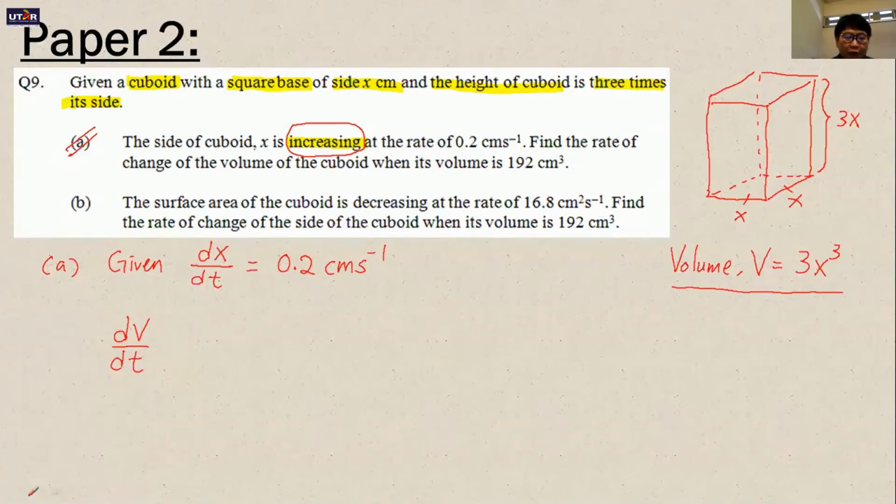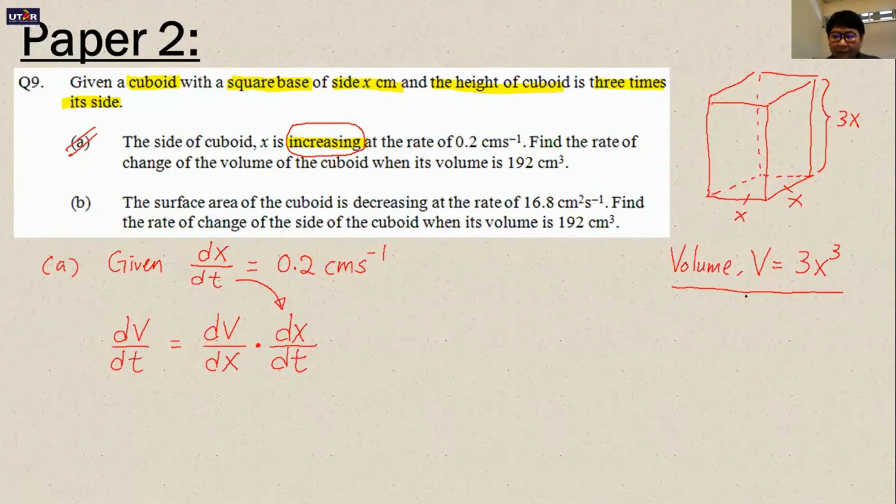So what is the relationship between t and v? We can use the chain rule. According to the chain rule, dv over dt is equal to dv over dx times dx over dt. So dx over dt is given here, no problem. So now we need to find dv over dx.